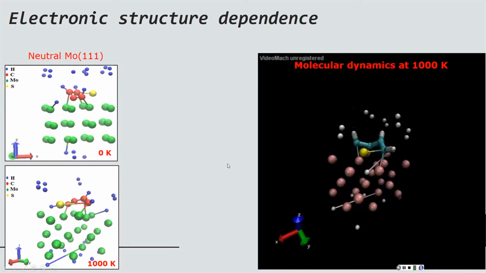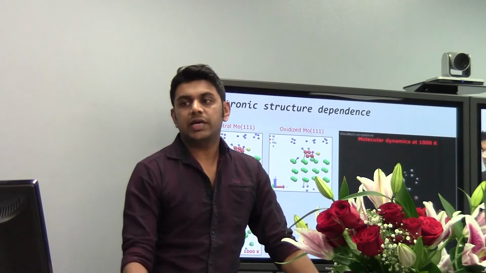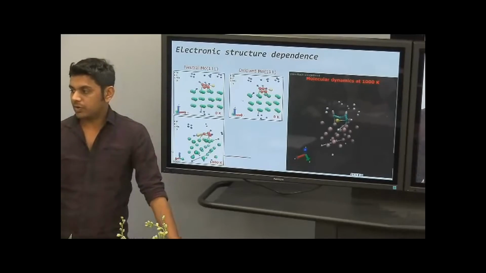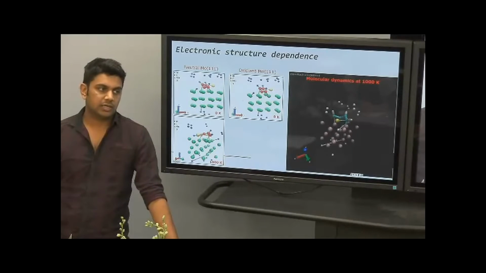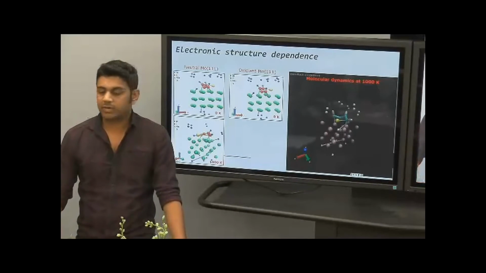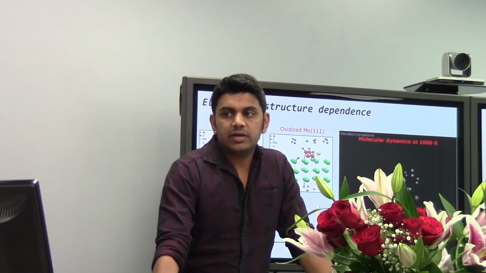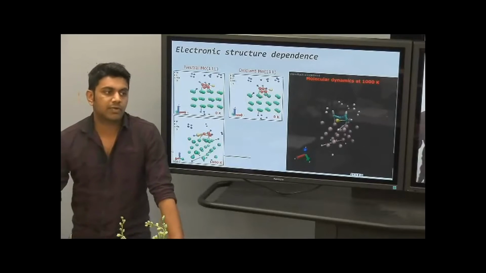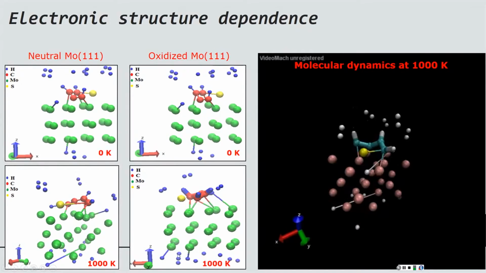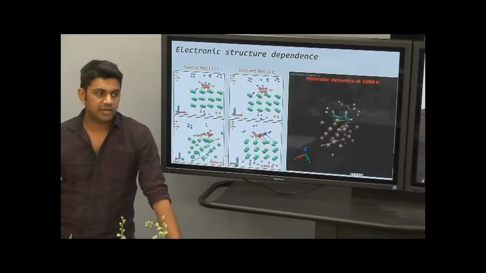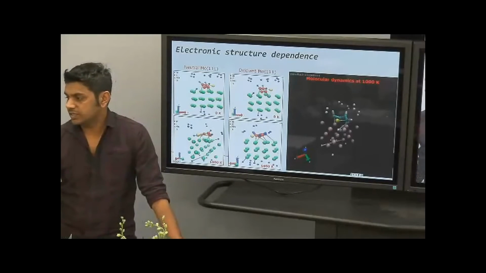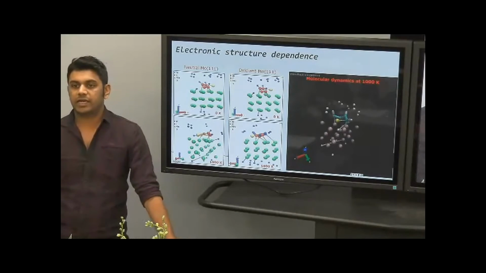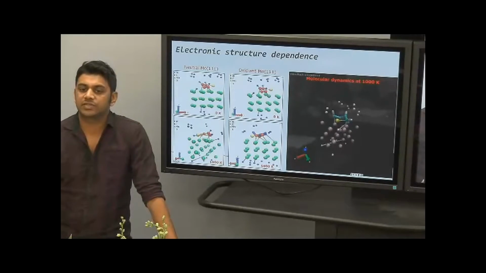Here you can see a thiophene molecule adsorbed on a moderately oxidized molybdenum surface. At 0 Kelvin, like on the neutral molybdenum surface, only one carbon-sulfur bond is broken. When the surface temperature is increased to 1000 Kelvin, there is evidence of both carbon-sulfur bonds dissociating. That means oxidized molybdenum surfaces seem to be catalytically active towards the hydrodesulfurization reaction.